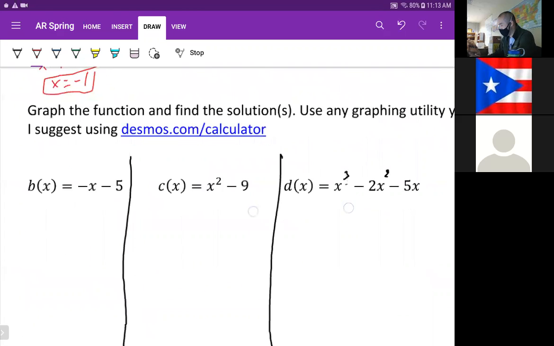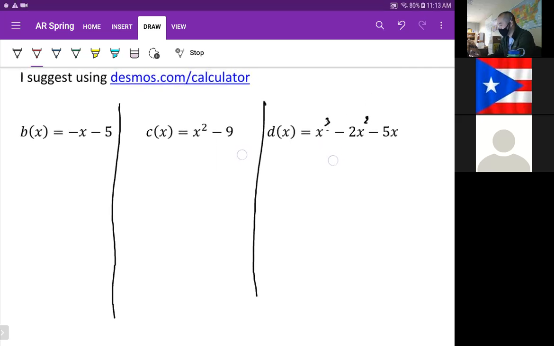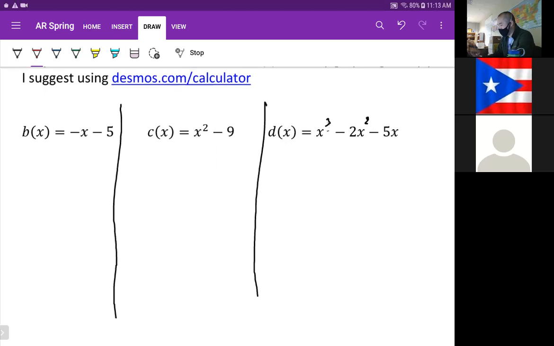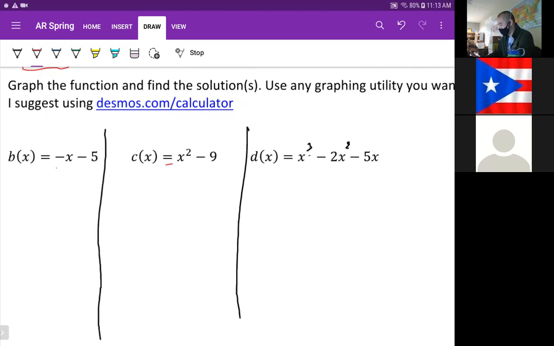You can do that for the linear and the quadratic, but when you get to cubic, actually this one's not that bad, but for some of these other ones, I would suggest using the graph. So I'm just going to show you the graph method on all of them.